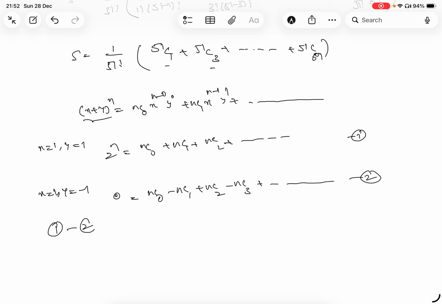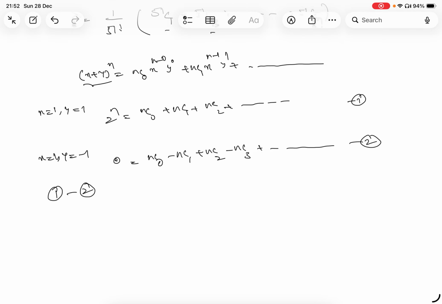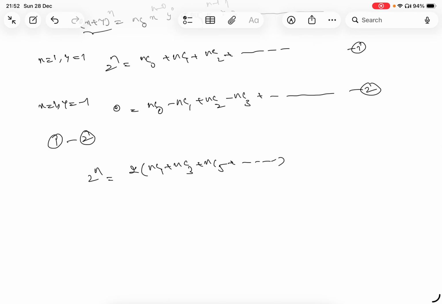That is 2 power n minus 0, the even terms get cancelled, and you get 2 times nC1 plus nC3 plus nC5 plus and so on. Then this becomes 2 power n by 2, which is 2 power n minus 1, equal to nC1 plus nC3 plus nC5 plus and so on.